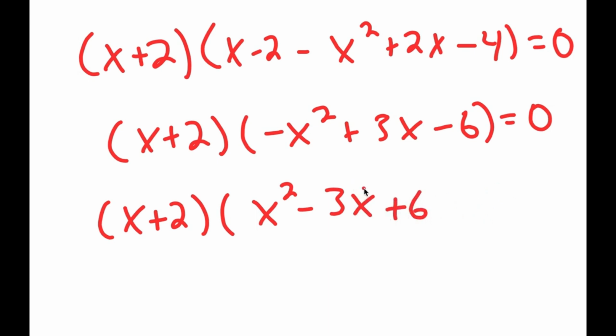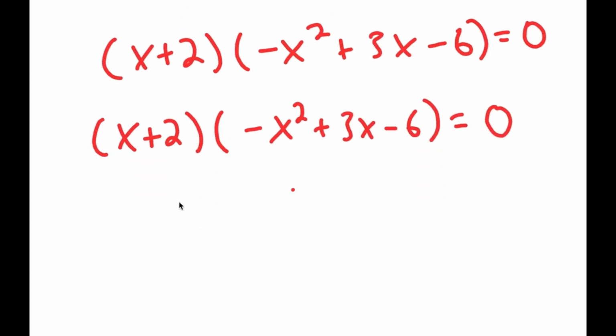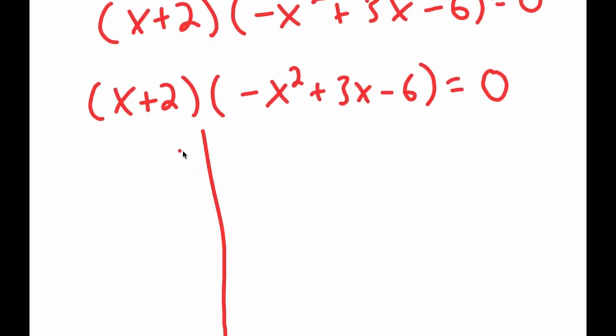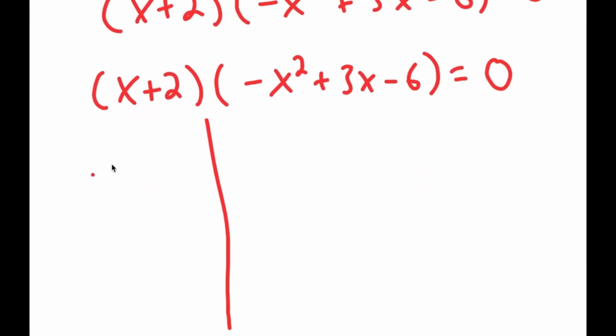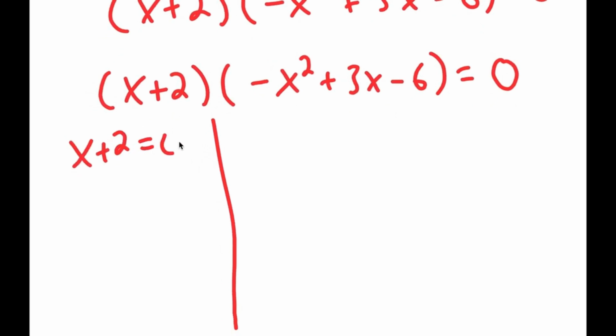Sorry, it's not. This is still negative x squared plus 3x minus 6 is equal to 0. Now from here, this gives me two equations. x plus 2 is equal to 0, and negative x squared plus 3x minus 6 is equal to 0.